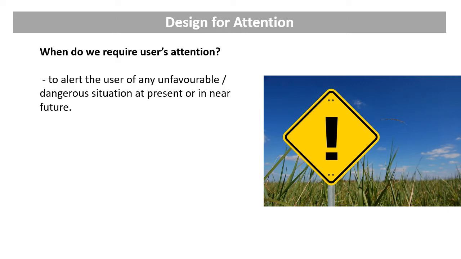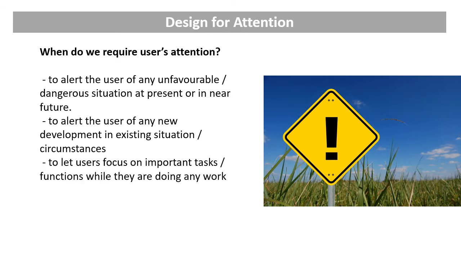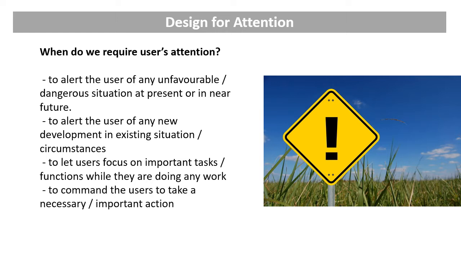So one of the instances can be to alert the user of any unavoidable or dangerous situation which is at present or which may come in the near future, or it can be to alert the user of any new development in an existing situation or circumstances, or to let the users focus on important tasks or functions while they are performing any work, or it can be to command the users to take any necessary or important action, right?